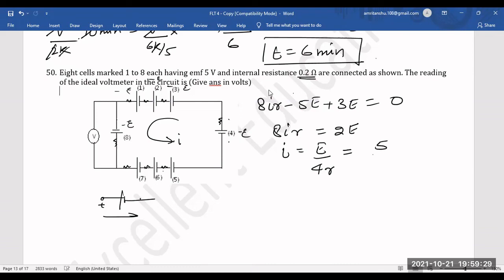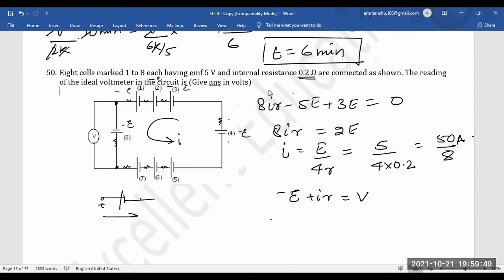E is 5, so into 0.2, which makes it 50 by 8 amperes. So what will be the potential difference across this? It will be minus E plus IR. That will be the potential difference across this.